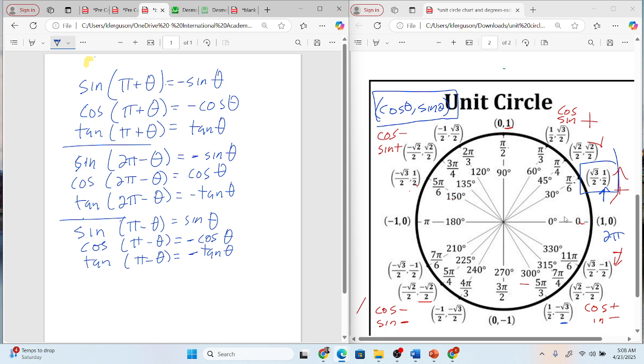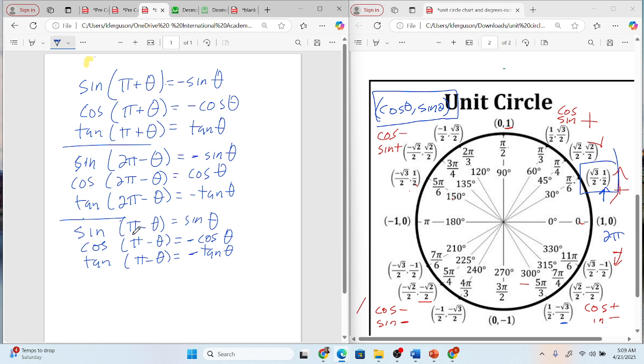If I do the same thing with cosine, it is right here at 2 pi or 360 degrees, and I subtract theta, my cosine is positive. But because tangent is sine over cosine, I've got a negative over a positive, so that's going to be negative.